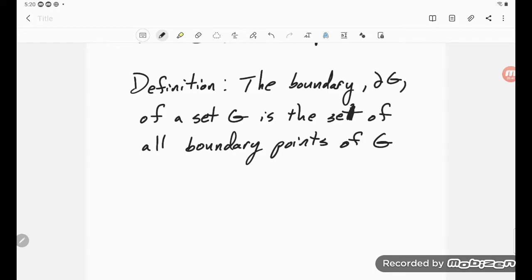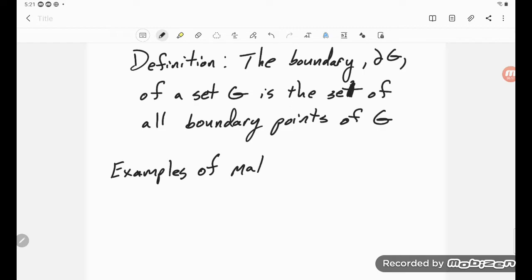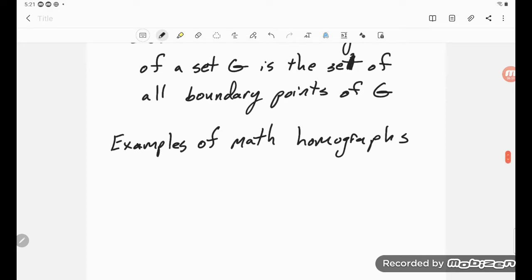Okay, and now here's an interesting thing. Here's an example. There are many others. Actually, we didn't mention another one. I'll mention them both. So I'll say examples of math homographs. Now, you'd think that is a math term, but no, it's more of a language term.